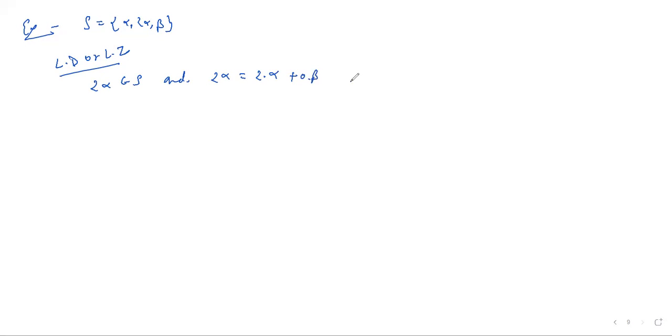So it is written as a linear combination of the remaining vectors, where the coefficient of the vector alpha is 2 and the coefficient of the vector beta is 0.